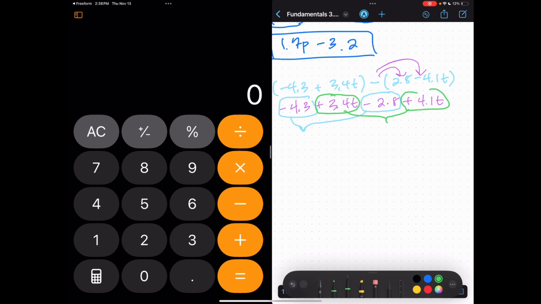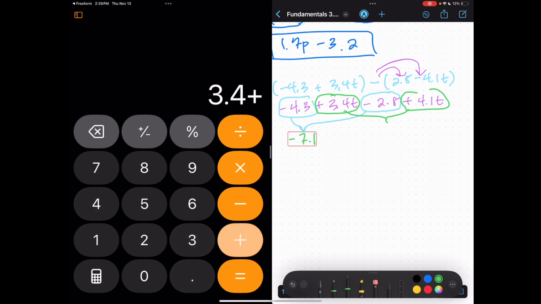So let's see if we can get this 4.3 plus 2.8. It's negative minus. Okay, why am I summing them? Because the signs are the same. It's just how I think about it. And then we take the sign of the big dog. So this becomes negative 7.1. Okay. And then we're going to add these ones as well. 3.4.